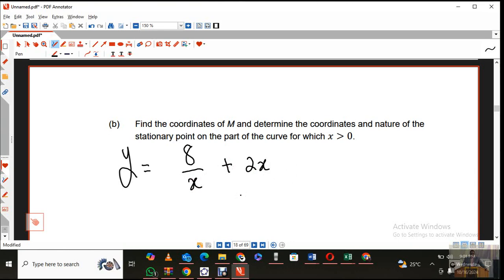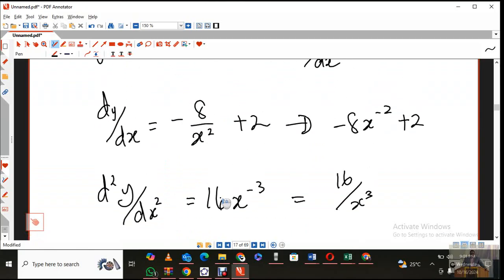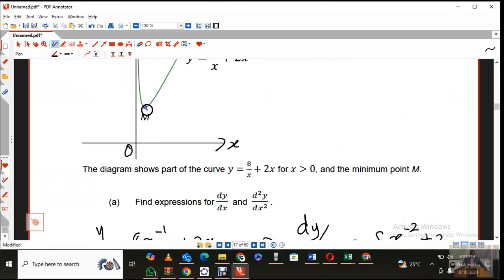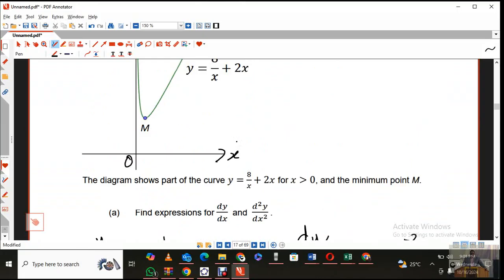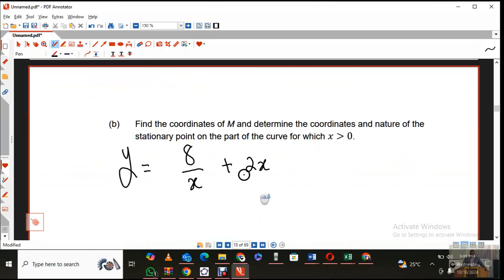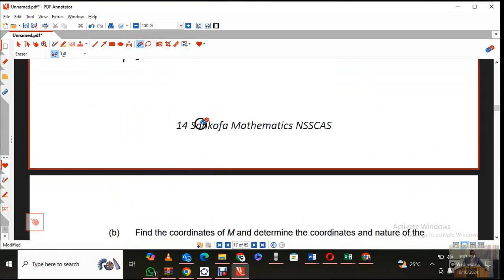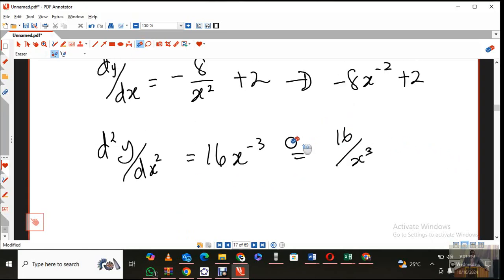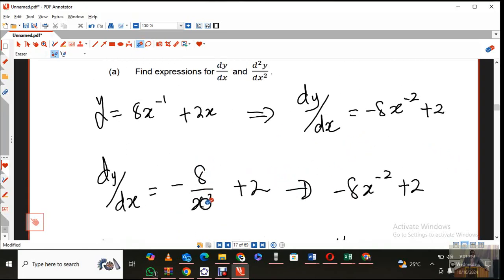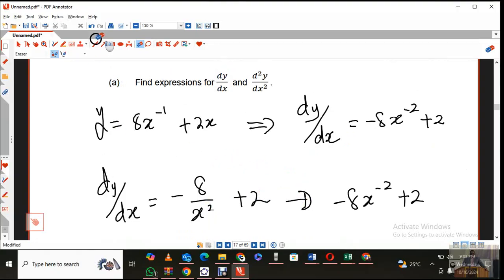Before we look into that, at the lowest point of the curve the gradient will equal 0. So we take the gradient formula dy/dx, which we know from our previous work is minus 8 over x squared plus 2, and let it equal 0.